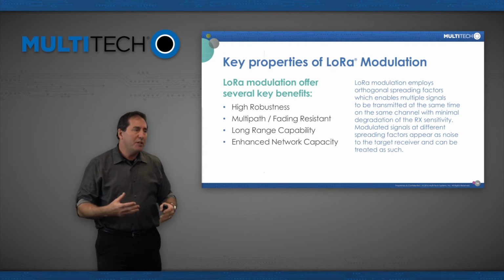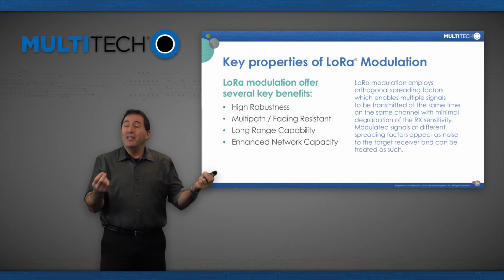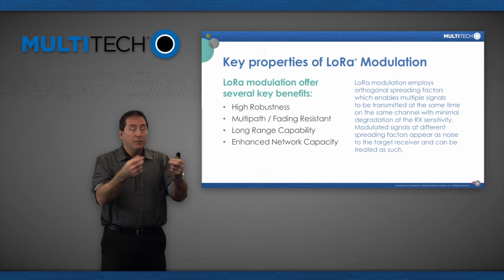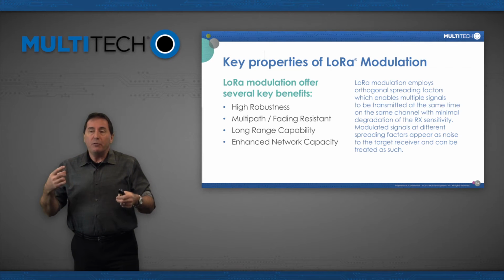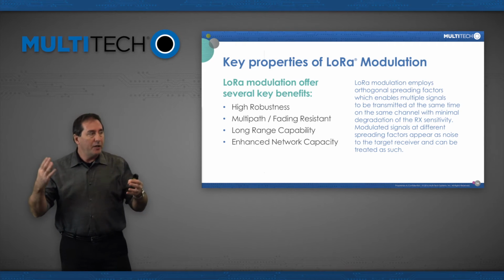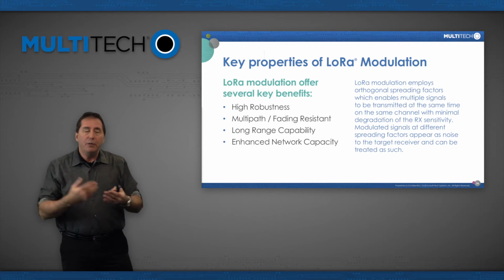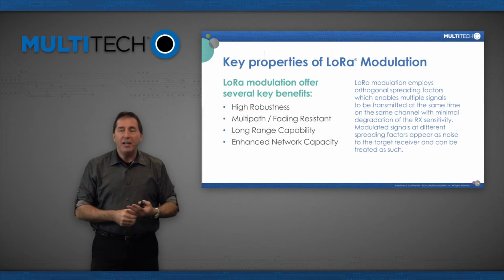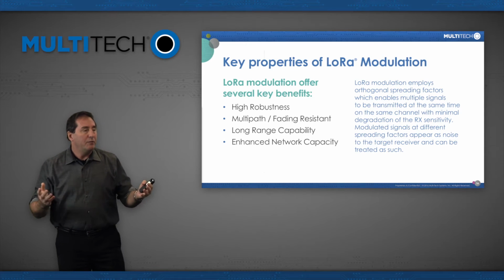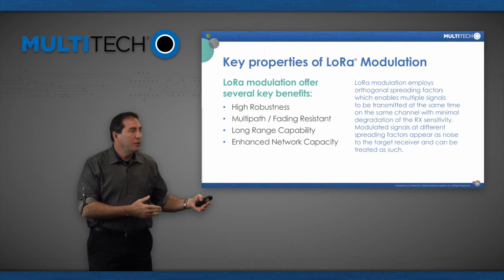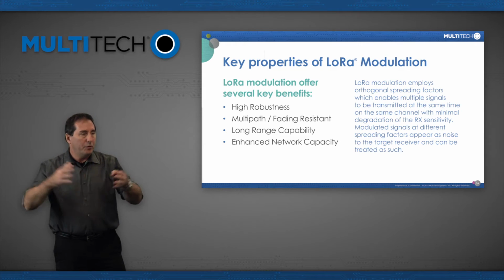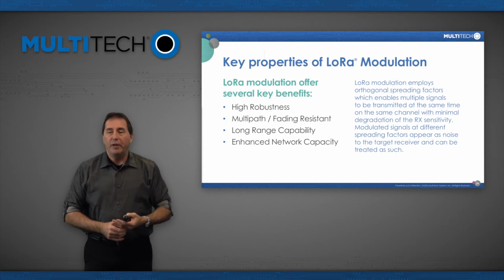An Aloha network is basically a bunch of things that talk whenever they want to, without waiting to see if the channel is free. If I need to talk, I talk. And the theoretical max capacity of that kind of network is 18% of the available bandwidth. So people are saying LoRa is an Aloha network, so all you're ever going to get is 18% of your total available bit rate.